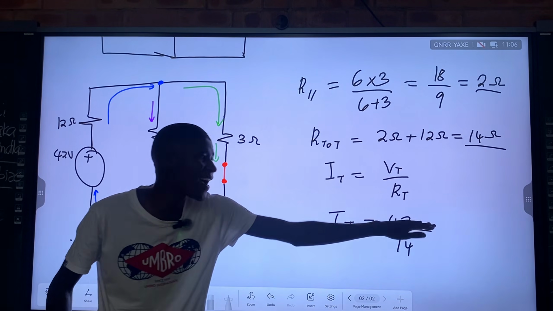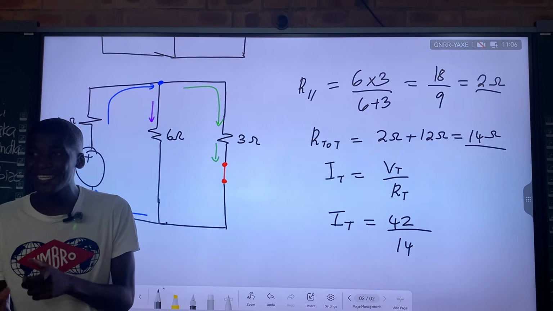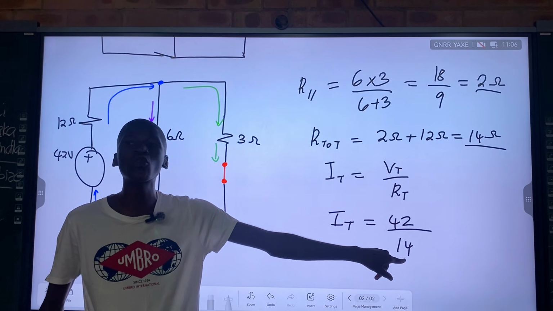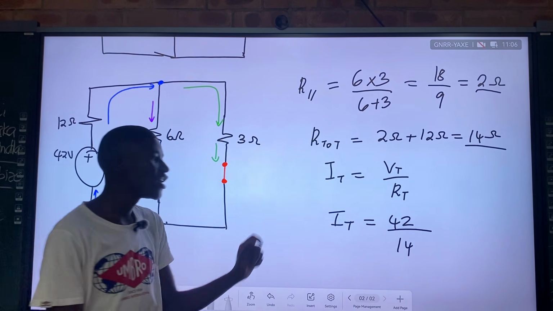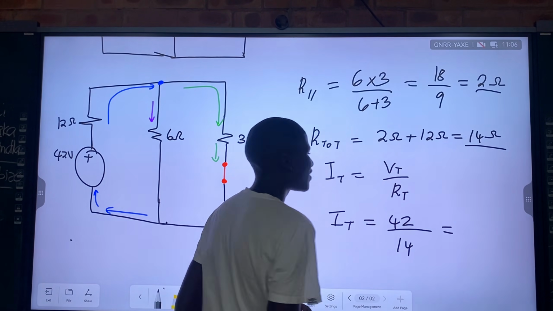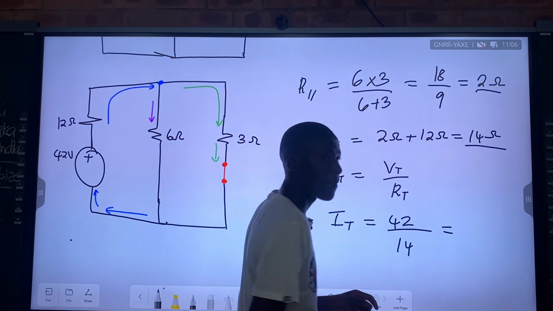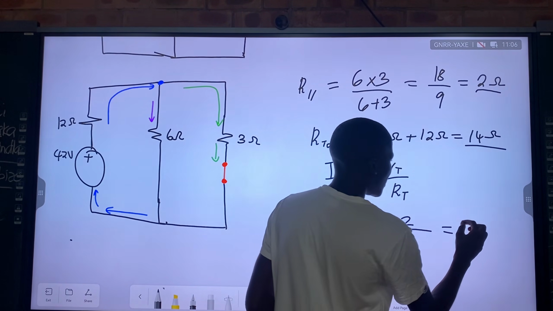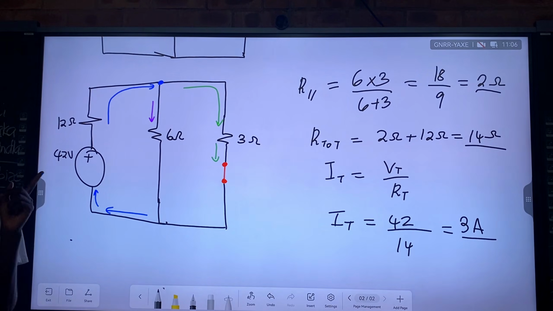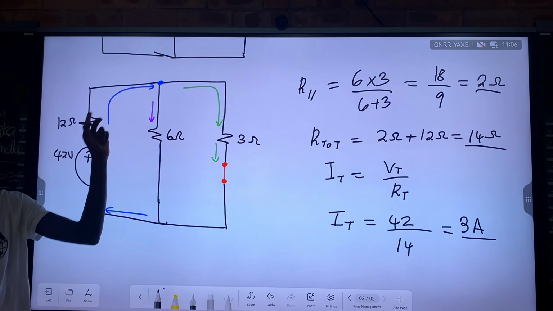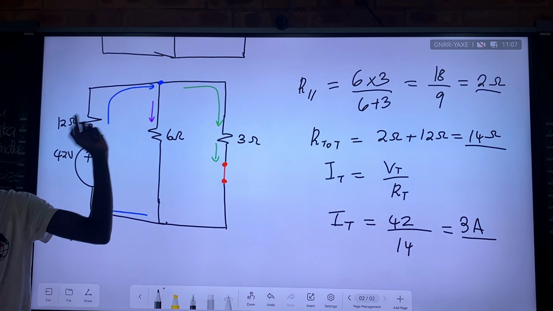We are dividing the 42 volts across 14 ohms in total. So what is 42 over 14? 3, right? So this is 3 amperes. It is the total current produced by the circuit. In other words, it is this blue current.